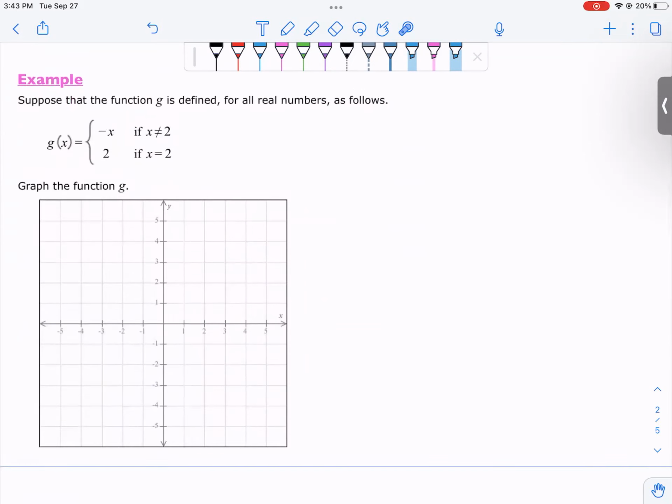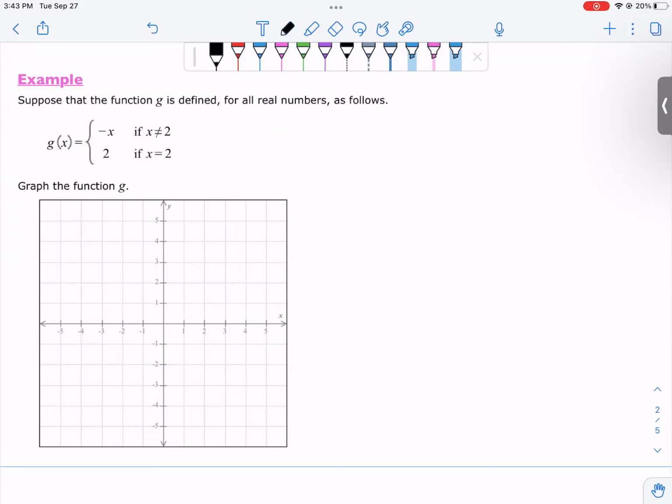All right. Suppose that the function g is defined for all real numbers as follows. Graph this function. This is similar to that first example, but different. As long as x isn't equal to 2, it's the line negative x.